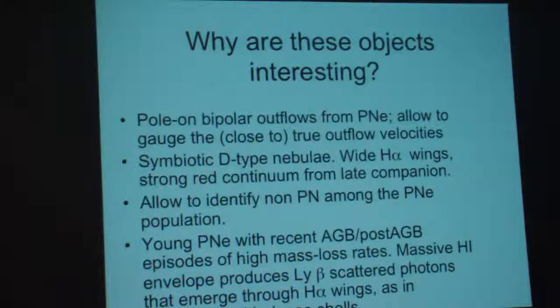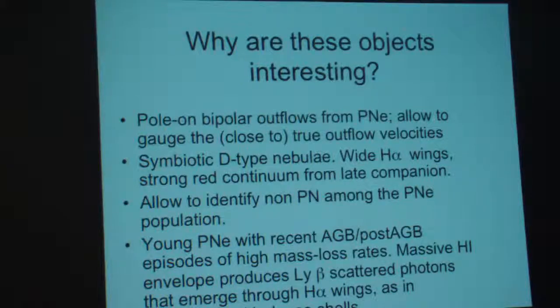They show a strong red continuum, usually from the late-type companion, the Mira. This kind of data allows us to identify non-PN among the PNe population, which is important. So we can really say this is a PN and this is not, this is symbiotic. So we have to clean the database in both cases.